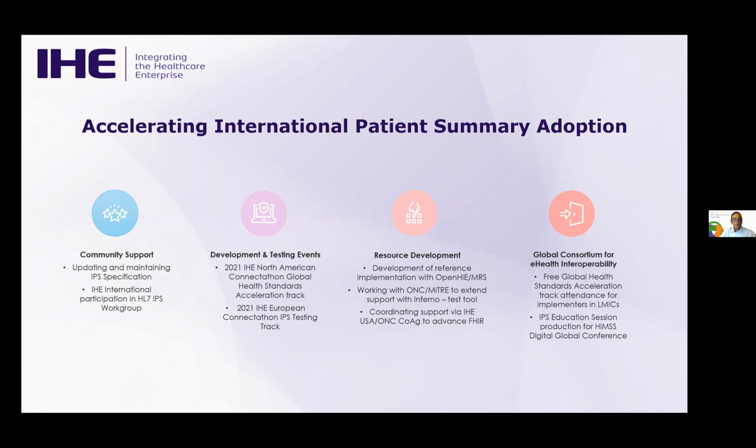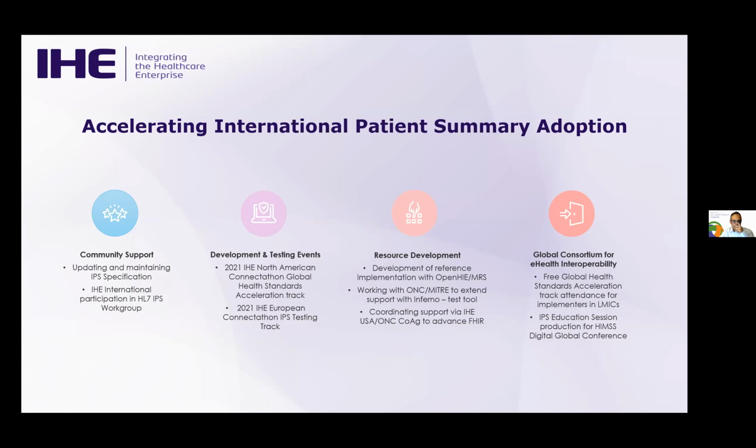A lot of our efforts are focused on getting folks interested in adopting and implementing these specific products. To further aid that, some of our focus has been on resource development. Specifically this year, we worked with OpenHIE and OpenMRS to develop reference implementations to show people what is possible and demonstrate some use cases using the International Patient Summary.